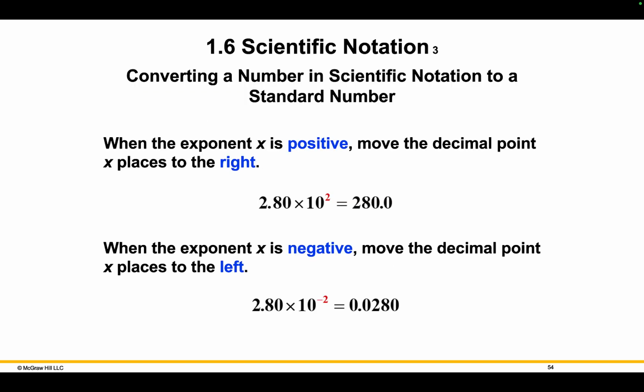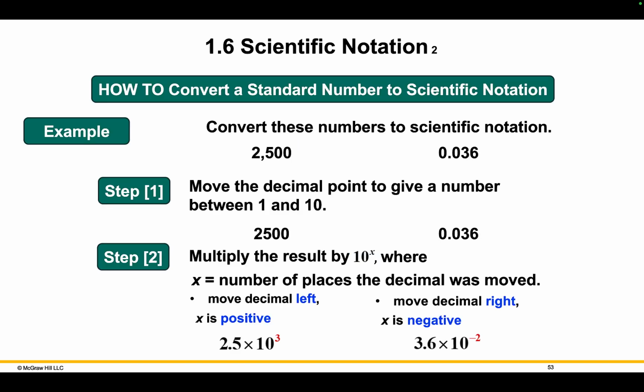And so let's go through these couple examples, and then we'll proceed with some other ones as well. When we're looking at 2,500, right now the decimal place is going to come at the end. So right here would be where the decimal place is. Now, in order to get a number between 1 and 10, I need to move the decimal place until it's between the 2 and the 5.